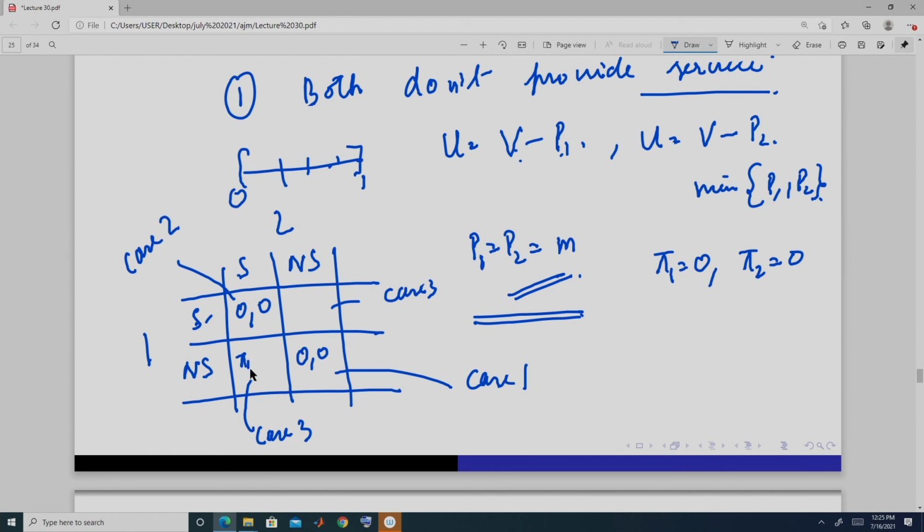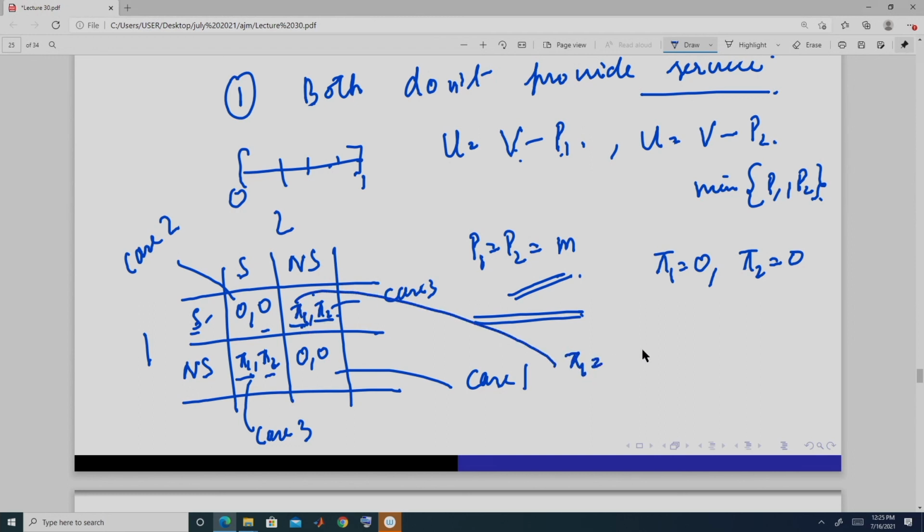Here we know profit of firm 1 and firm 2 both are positive. So, firm 1 provides service, firm 2 does not, and we will get a symmetrically opposite outcome here. So, we get two Nash equilibria.